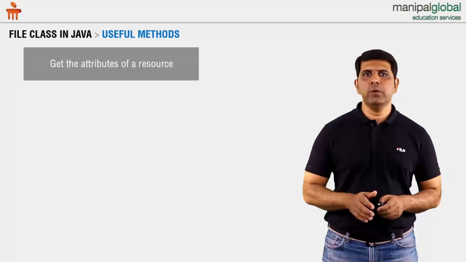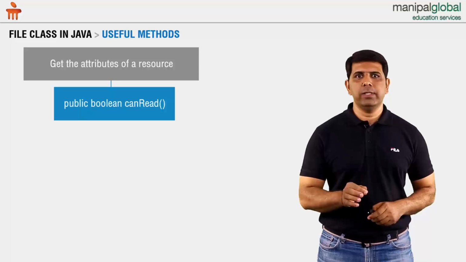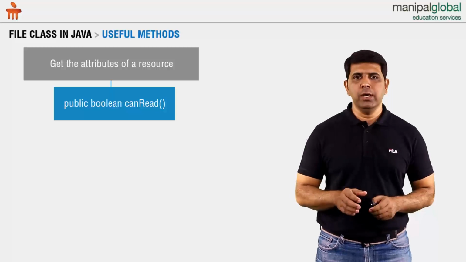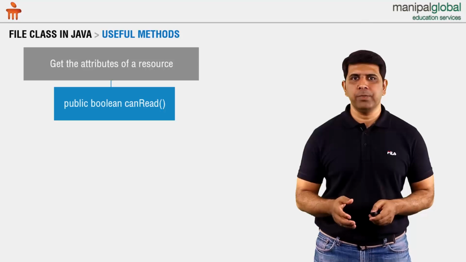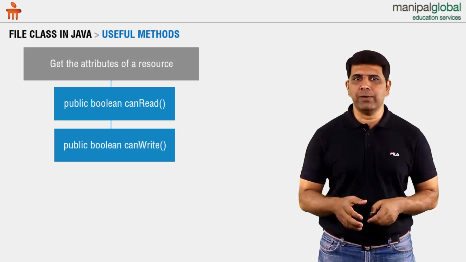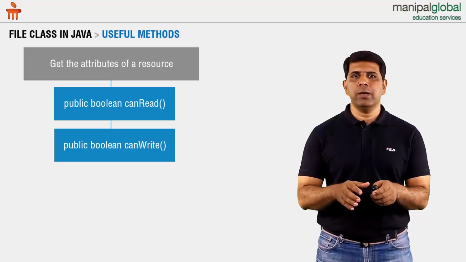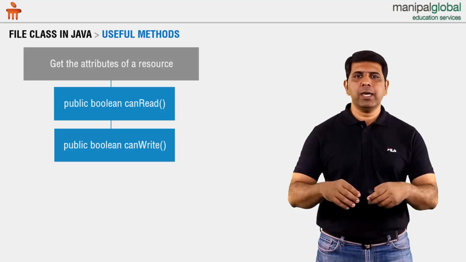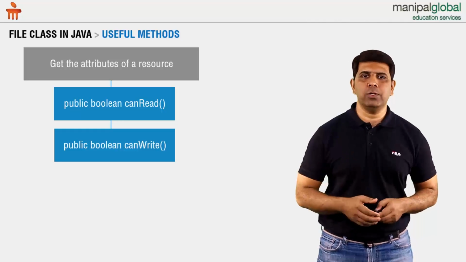Now there are useful methods to find out attributes of a resource. For example, there is a method called canRead, which returns true or false, basically whether a file is readable or not. If it is a folder, then can I access all the files and subfolders of that folder? canWrite is a property of a file or a folder to check if I can overwrite a file or copy some files into a folder.